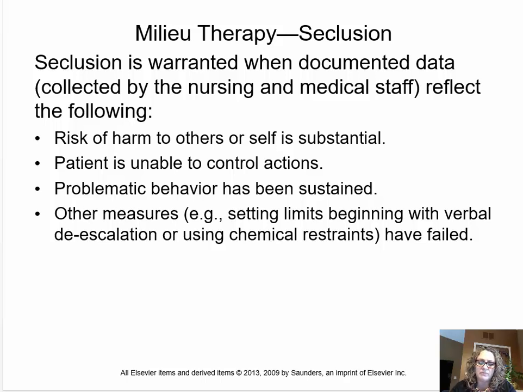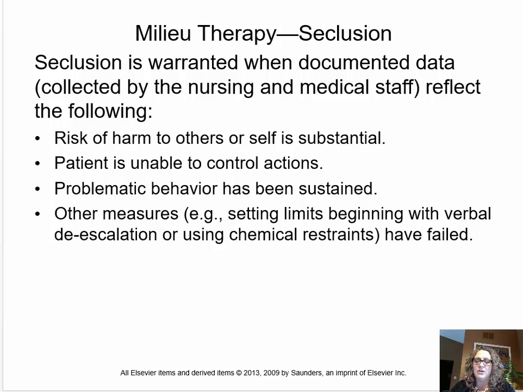So for example, all of those baseline needs on Maslow's hierarchy. You've toileted the patient, you've offered them food, you've offered them water, you've distracted them, you've placed them in a quiet area in the milieu away from other stimulation. You've given them, so that would be the verbal de-escalation. You've tried to talk them down.